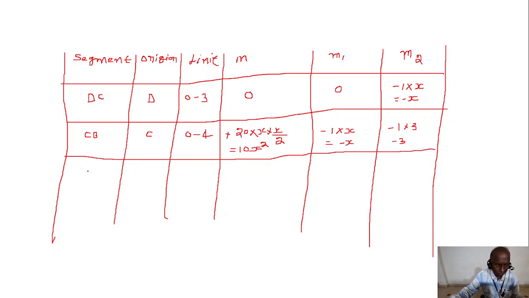Next we will take the segment BE, origin B, so limit 0 to 3. Now you will calculate the moments.